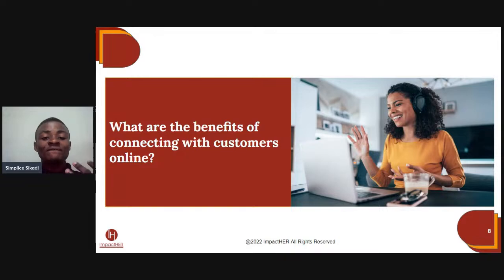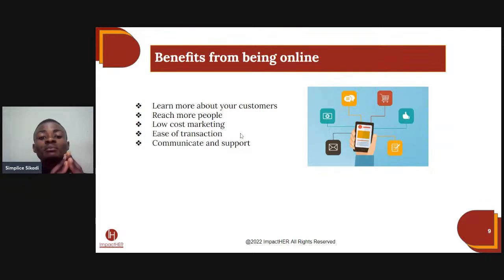So what are the benefits of connecting with your customers online? Because again, there are many ways of connecting with your customers. You can connect with them offline. You can call them, or you can go and meet them physically. But then what are the benefits of connecting with them online? One of the benefits is that you can learn more about your customers.